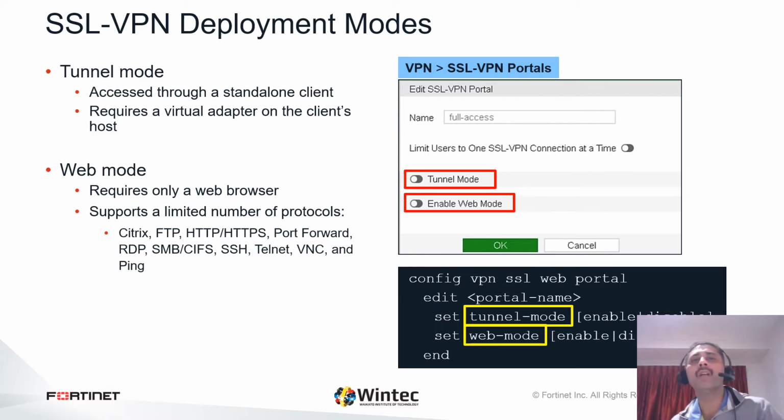The web mode requires only a web browser, but because it only requires a web browser, it supports only a limited number of protocols. Now those protocols are Citrix, file transfer protocol, hypertext transfer protocol, HTTPS as well, port forwarding, RDP, SMB or CIFS, SSH, Telnet, VNC, and ping. So these are the only protocols that web mode actually supports.